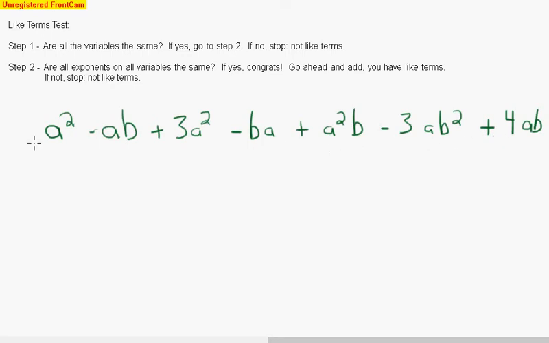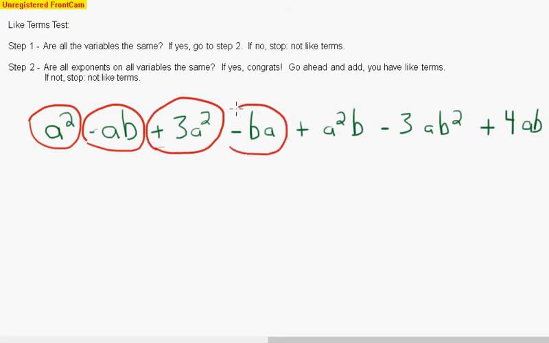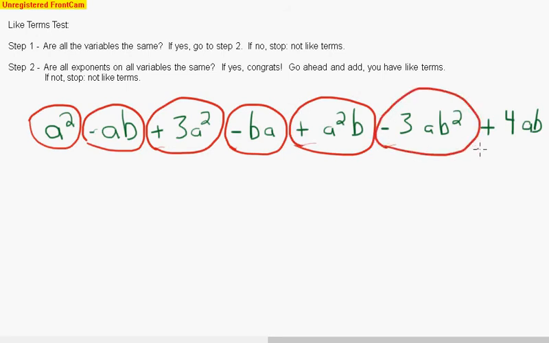So the question is, which of these terms are like terms and can be combined with other like terms? First, let's circle all the terms. A squared, negative ab, positive 3a squared, negative ba, positive a squared b, negative 3ab squared, and positive 4ab.